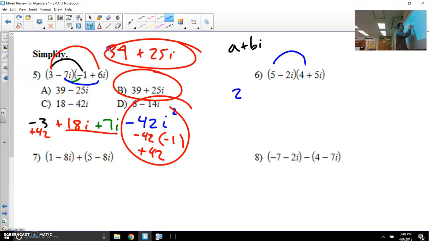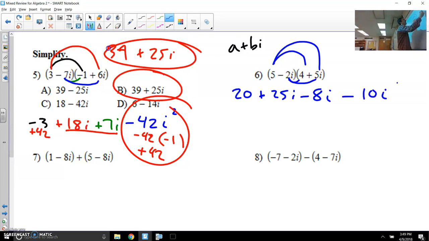5 times 4, 20. 5 times 5i, 25i. -2i times 4, -8i. -2i times positive 5i, -10i squared. But again, this i squared, this value is really the value -1.